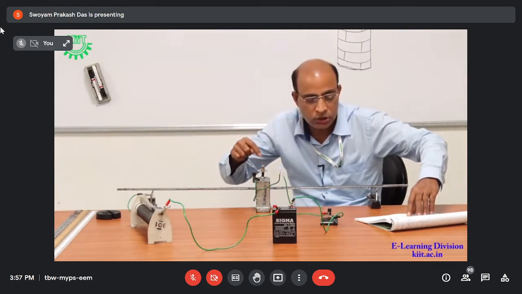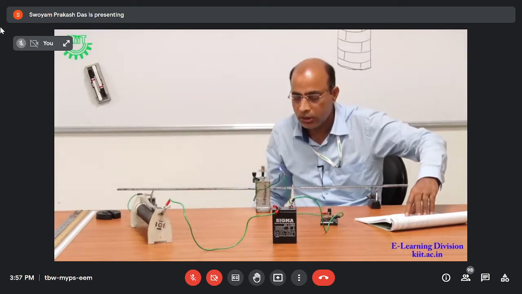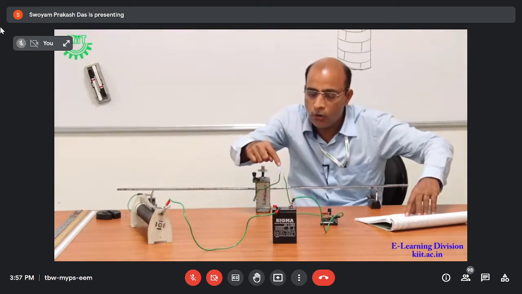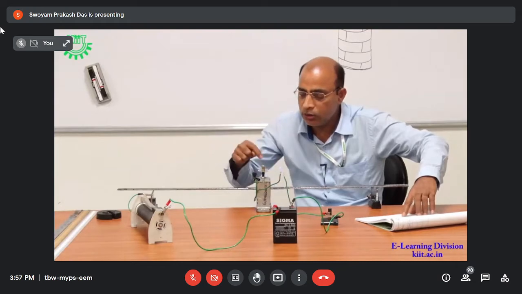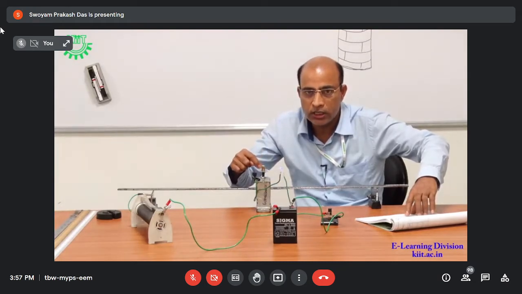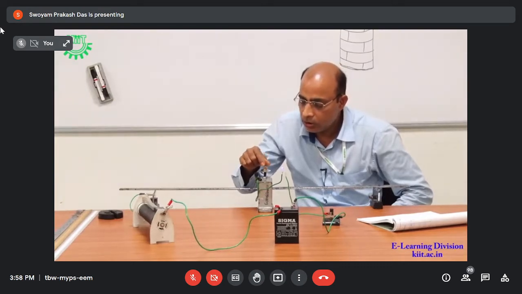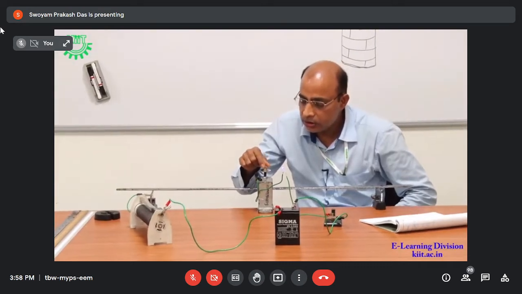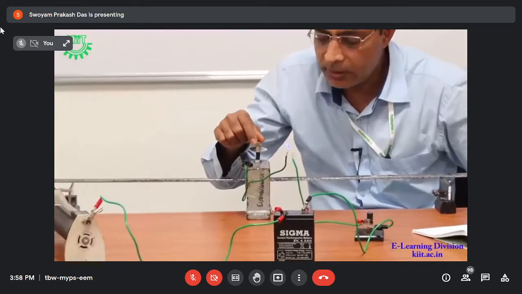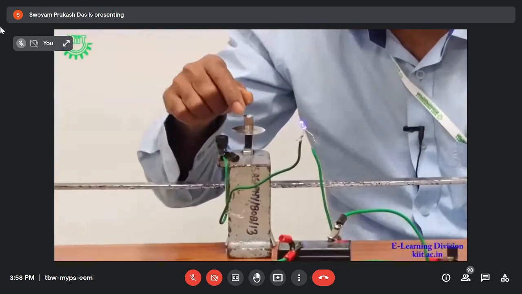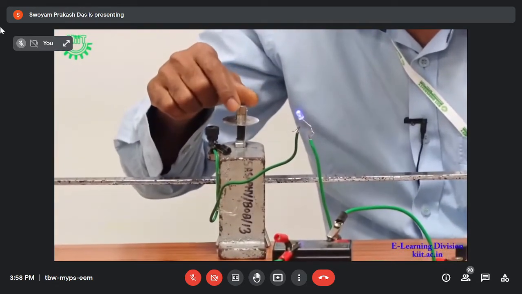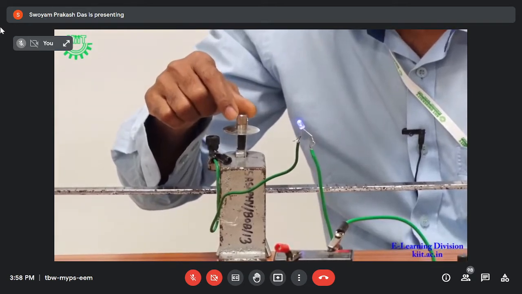If it doesn't cross, then rotations will be 0. And when the light is off, we will note down the reading again from the circular scale. So now we will rotate in reverse direction, and at the same time I have to watch whether 50 crosses this reference scale or not, till the light is off.